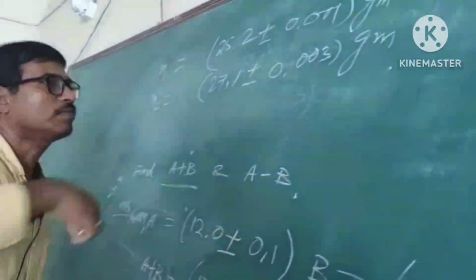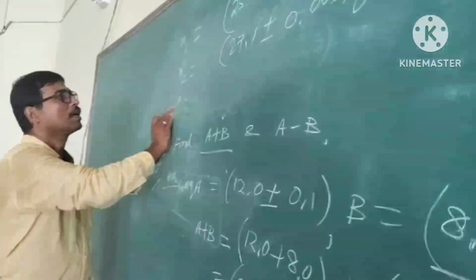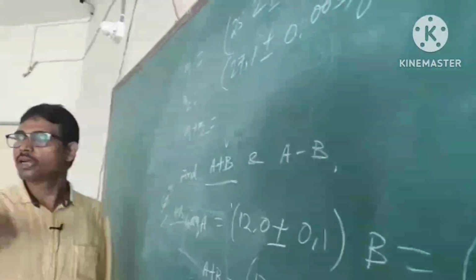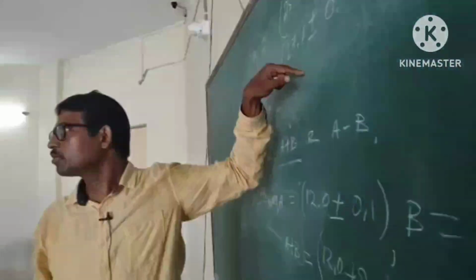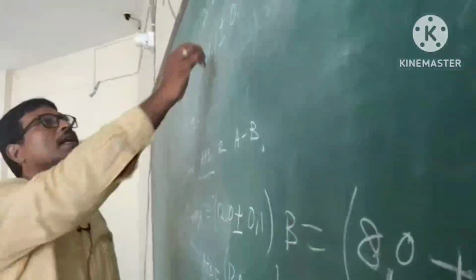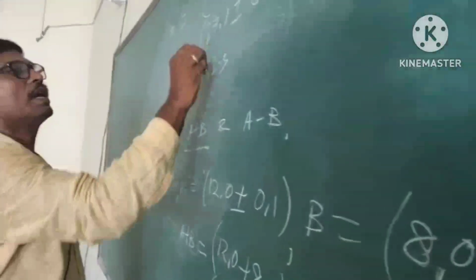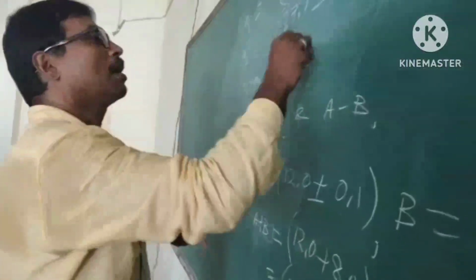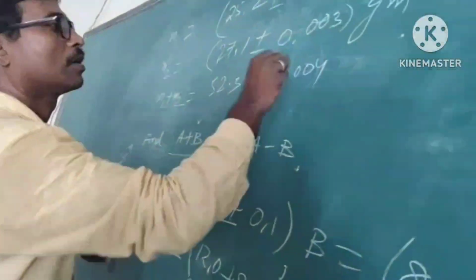So find the sum, m1 plus m2, as per the error in the measurements. Just add both directly. 2 1 is 3, 7 5 is 12, so it comes to 52.3. Add the errors and give plus minus, and it is 0.004.